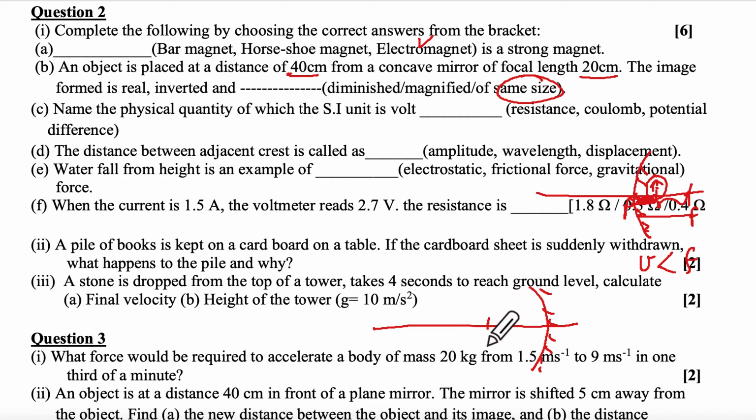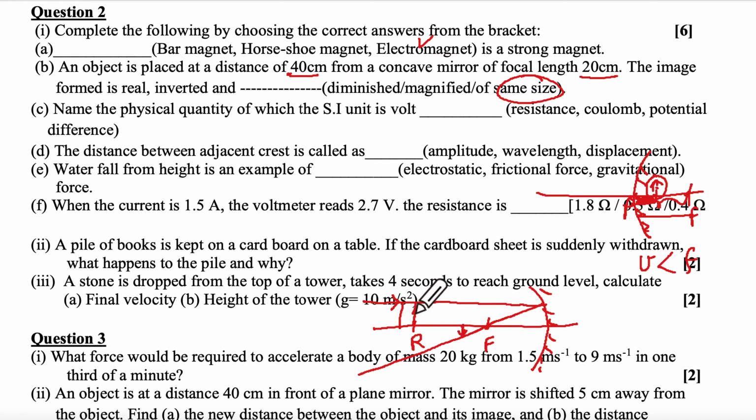But here, this will be your focal length, this will be your radius of curvature. So if the object is at infinity, you will get the image where? At the principal focus. If I bring it here, the image will be here: inverted, real, diminished, correct?